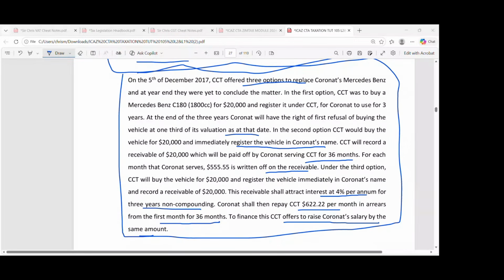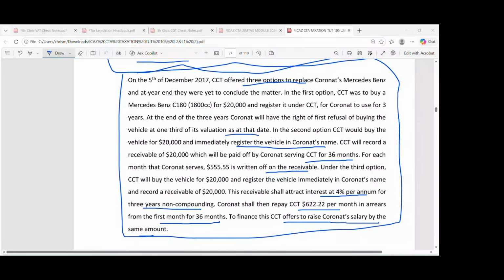If we sell the asset at a price above the tax value, it's a recoupment. The scrapping allowance is like your loss on disposal, but from a taxman's perspective, where we sold the asset at a price lower than the tax value.